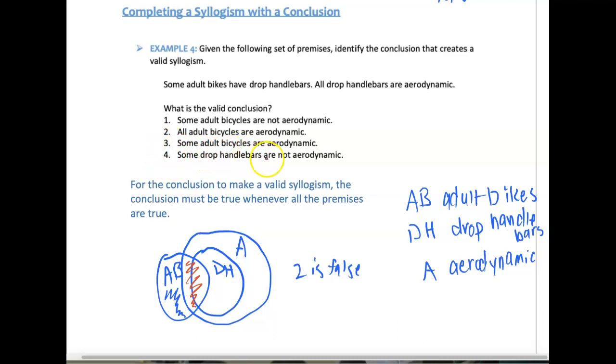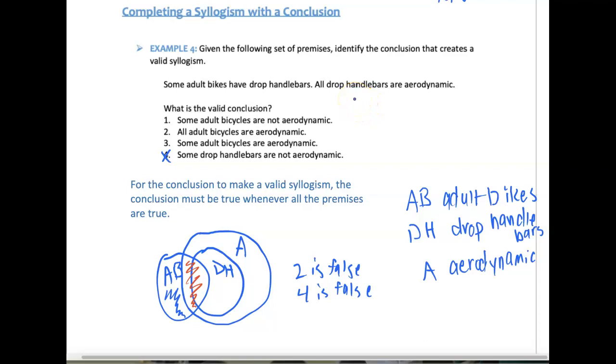Number 4, some drop handlebars are not aerodynamic. Number 4 is false, because it has to be the case that all drop handlebars are aerodynamic, right? So 4 is always false. 4 contradicts your second premise here.